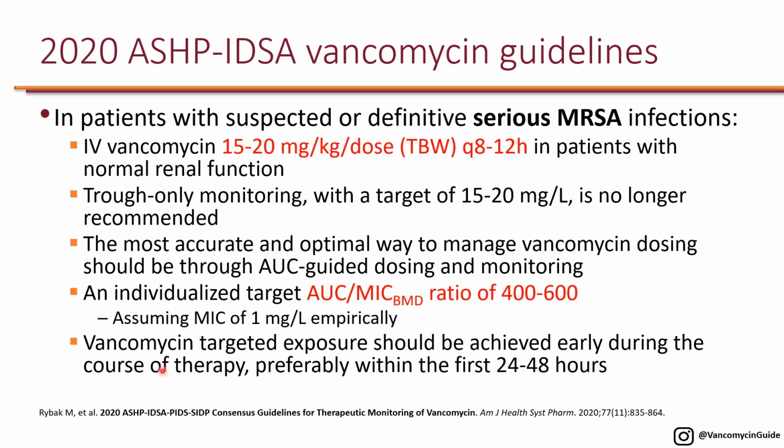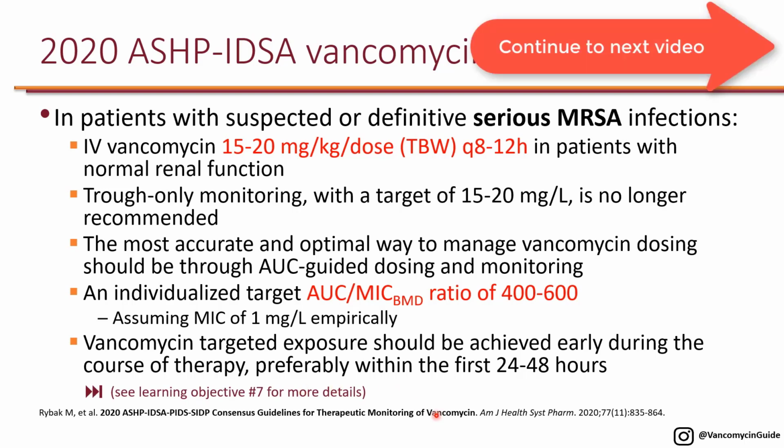Now, for the monitoring, they recommend that vancomycin targeted exposure should be achieved early during the course of therapy, preferably within the first 1 to 2 days. And we will cover more details of how to monitor AUC to MIC in learning objective number 7.